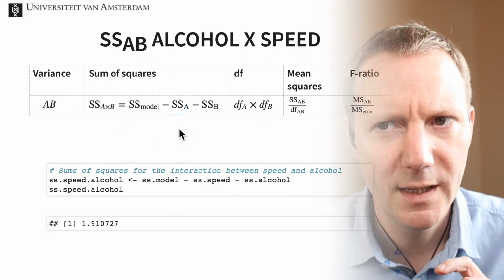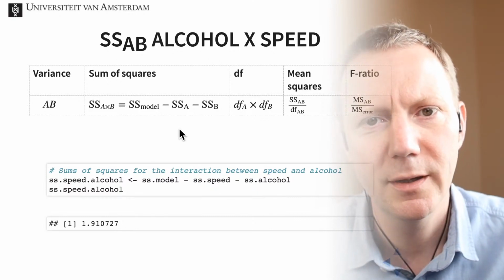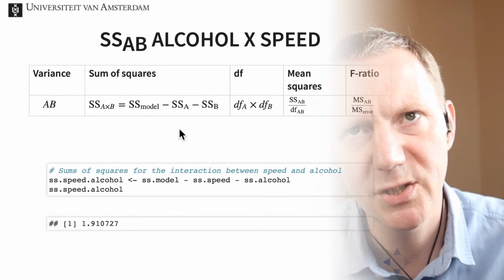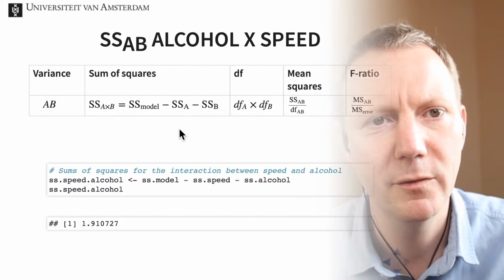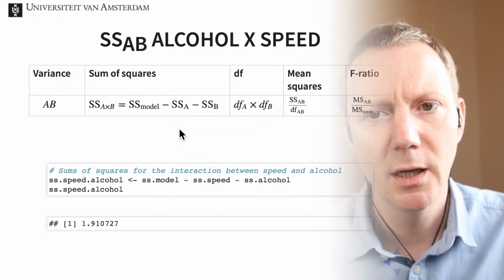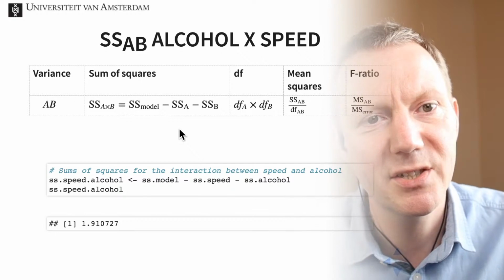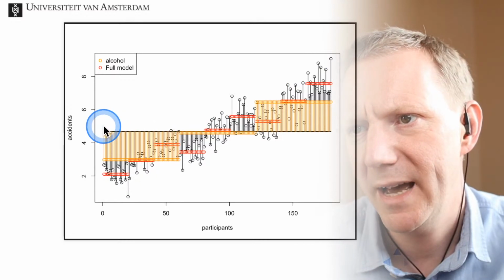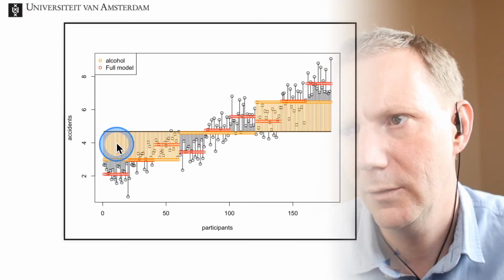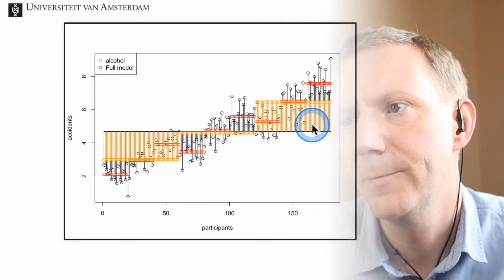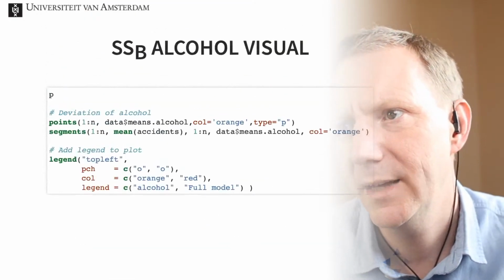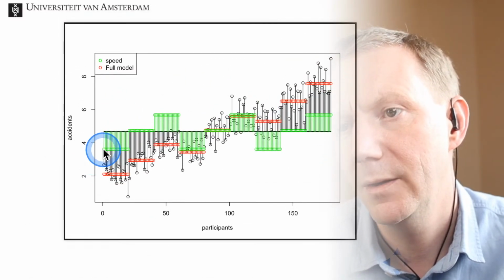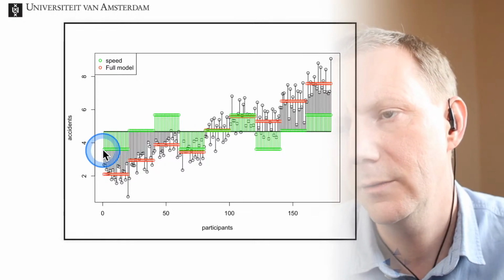So if there's no interaction going on, then the sum of the explained parts, the sum of the sums of squares of the two independent variables, would be the same as the entire model. So if we're looking at this, we have these distances for one independent variable, all the orange vertical lines, and for the other one, we have all these lines, the green vertical lines.